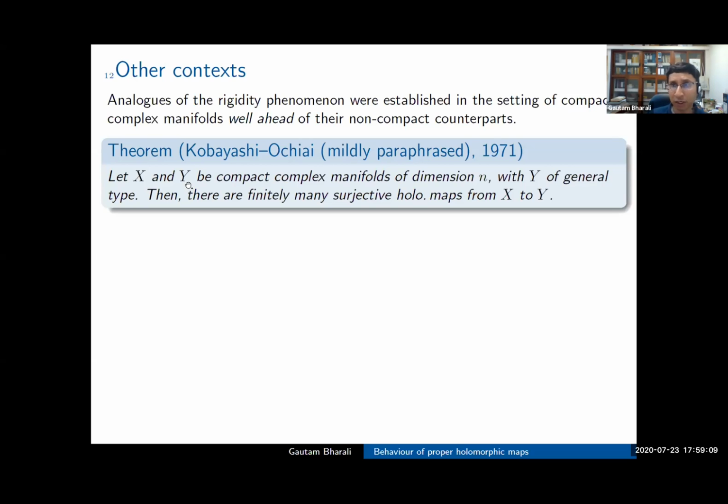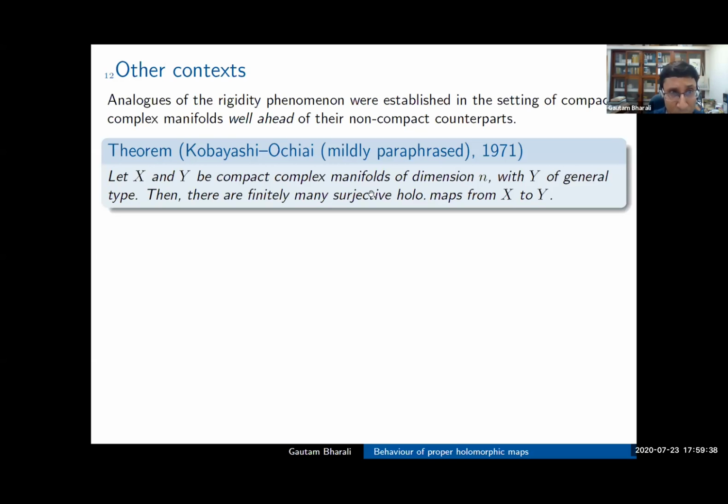And the adjective general type is meant to indicate a generic projective manifold in some very specific sense. Now, please note that since X and Y are compact manifolds, any continuous map between them would automatically be proper. So I don't need to actually say proper.